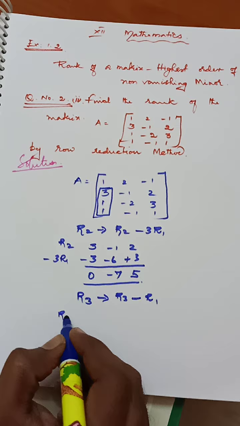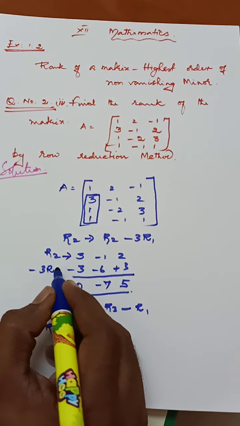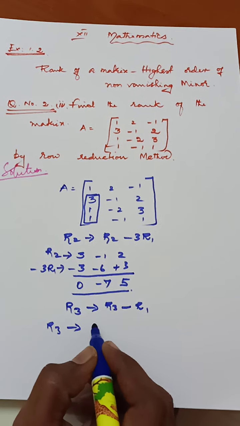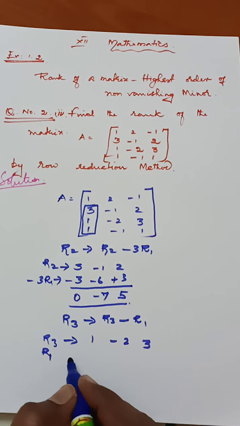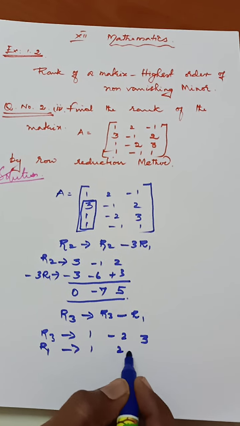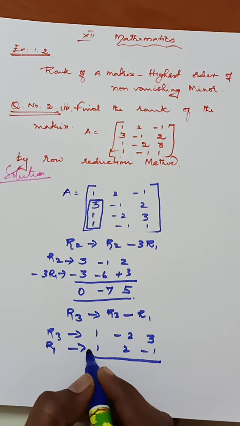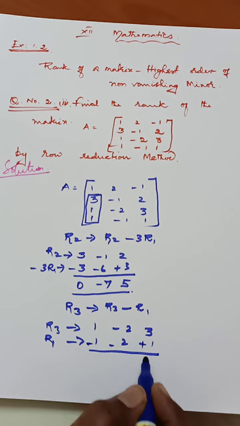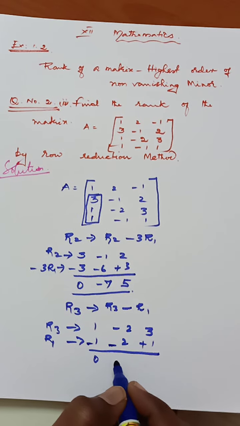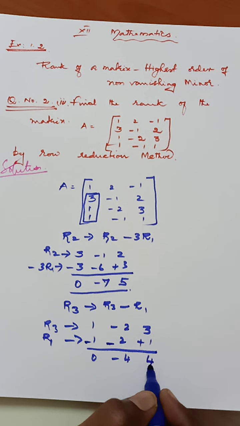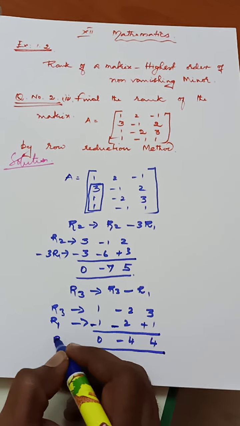Now we are writing R3. R3 is 1, minus 2, 3, and your R1 is 1, 2, minus 1. Now the subtraction, minus plus: 0, minus 2 minus 2 is minus 4, and 3 plus 1 is 4. This is your new R3.